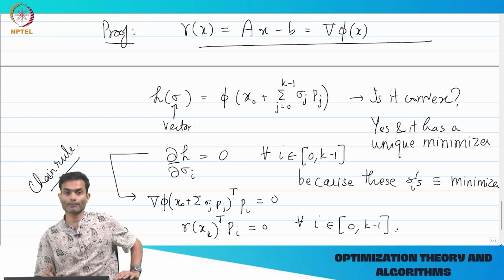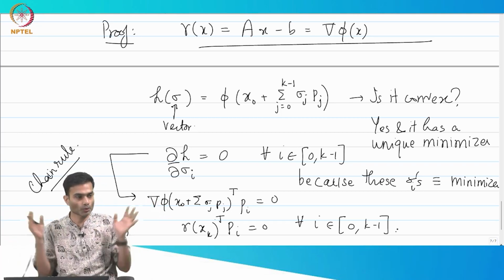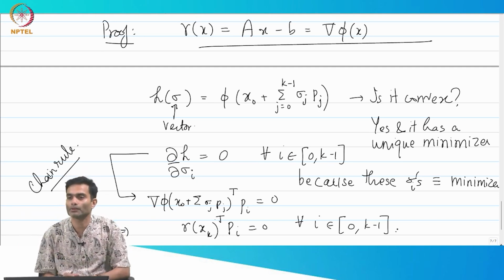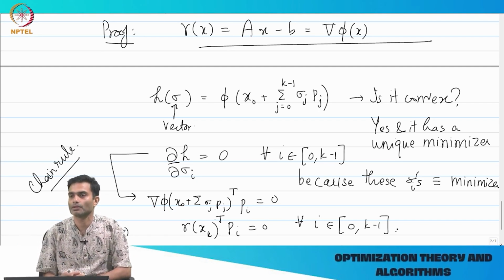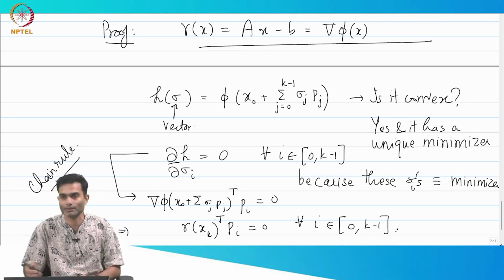Notice I am constraining xk to be only in the affine space, not in the entire space, and I am showing you that the residual is orthogonal to all the previous conjugate directions. It is not surprising, I expected this to happen.